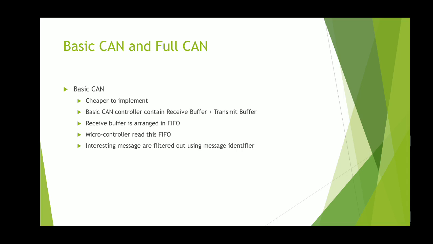The receive buffer is arranged as a FIFO, and if the FIFO becomes full, the newly arrived message will be dropped. So it is better for the microcontroller to empty out the FIFO when possible. The FIFO also gives an option to filter out messages using the identifier.